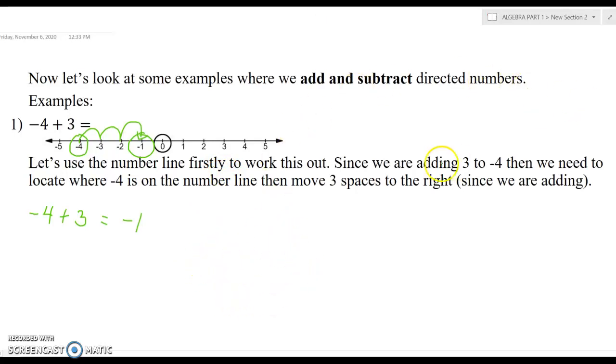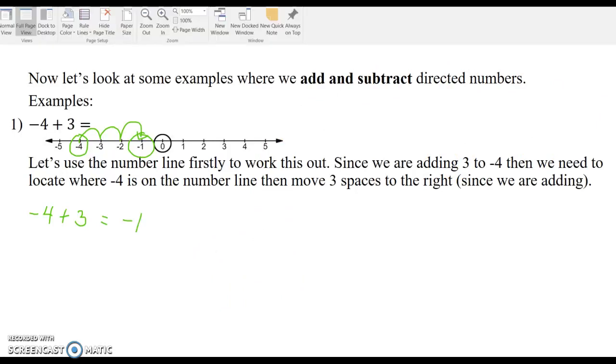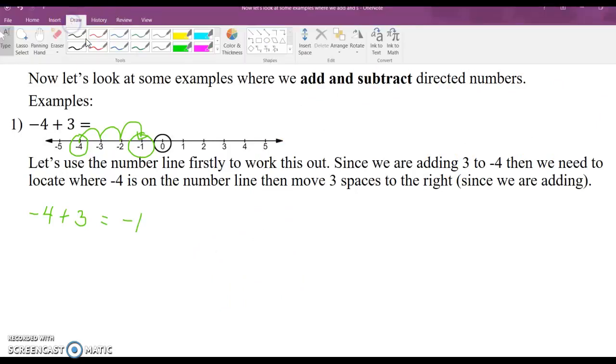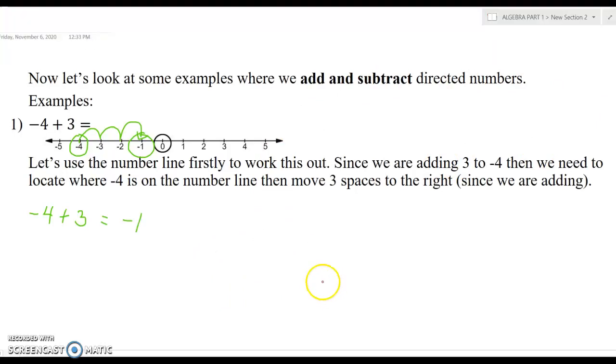Another way you could look at it is by looking at the two numbers that we have. We have negative 4, and then we have 3. So negative 4 plus 3. Think about it like this: you have this negative sign here, right?